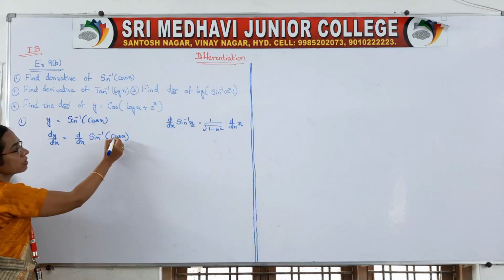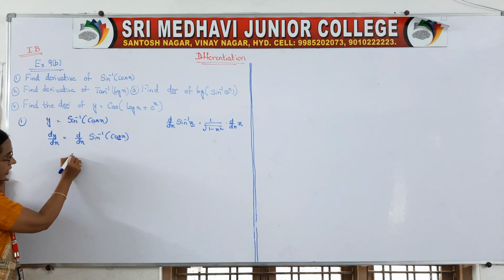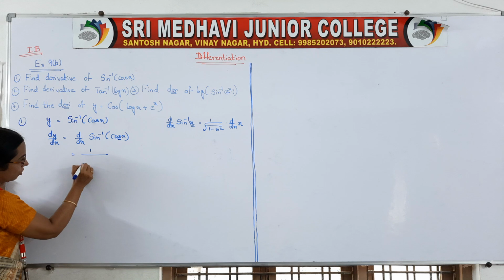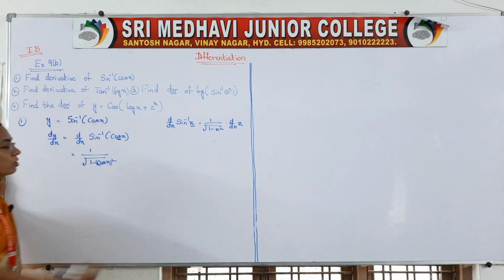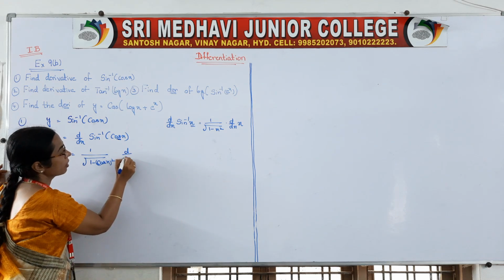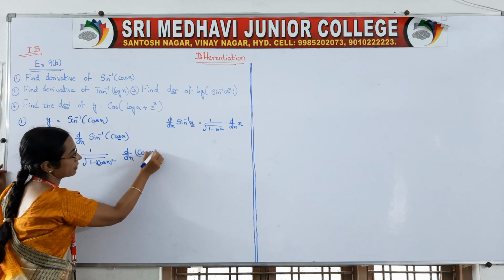Instead of x here we have cos x. So apply that formula: 1 by root of 1 minus cos x whole square, into d by dx of that variable, that is d by dx of cos x.